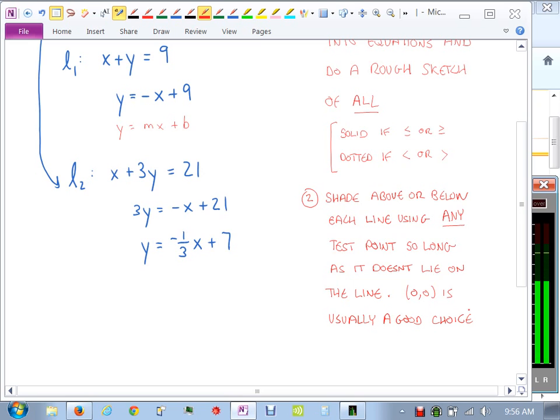As long as it doesn't lie on the line. And we like 0, 0 because it's easy to plug 0 in for x and 0 in for y, isn't it?